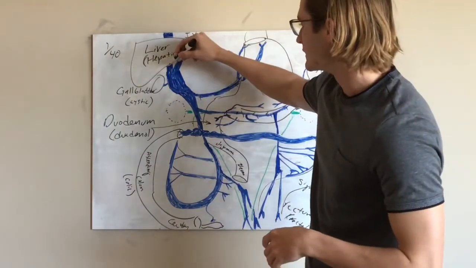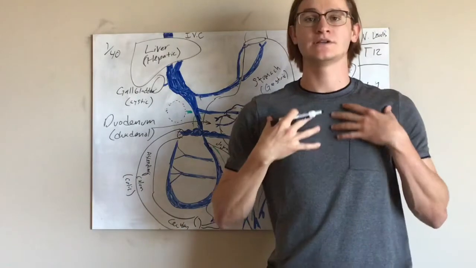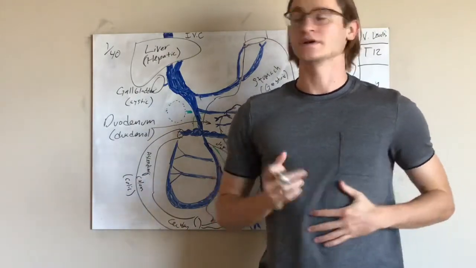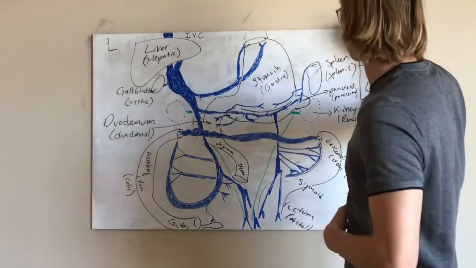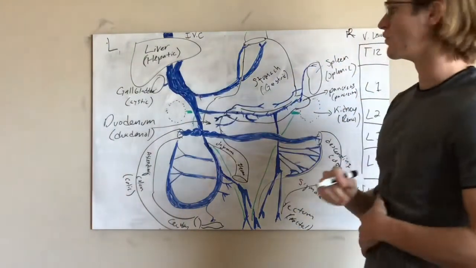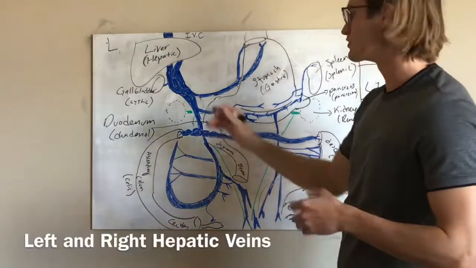So then we have our left and right. Once again, just to let you know, it's as if you're looking at my organ system. So this is going to be our left side. This is going to be our right side. Cool. So we're going to have the left and right hepatic veins. They're more just branches.